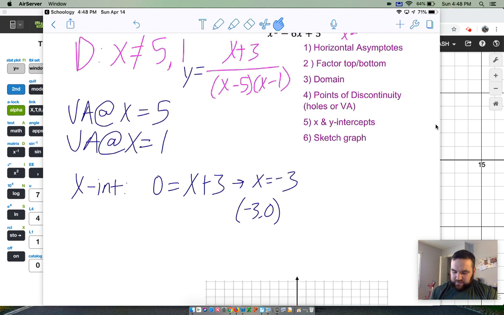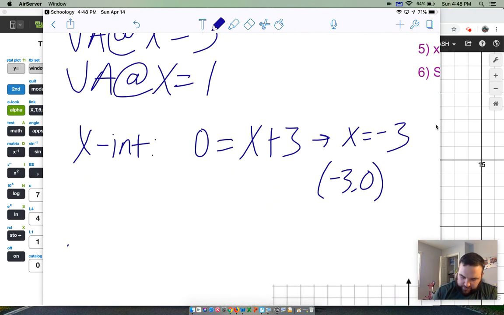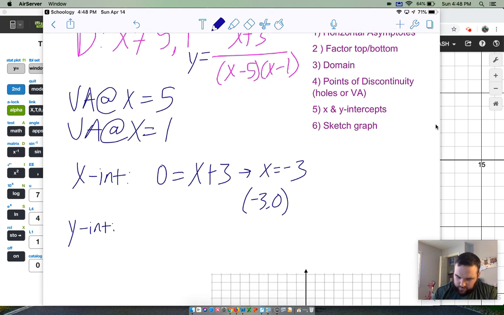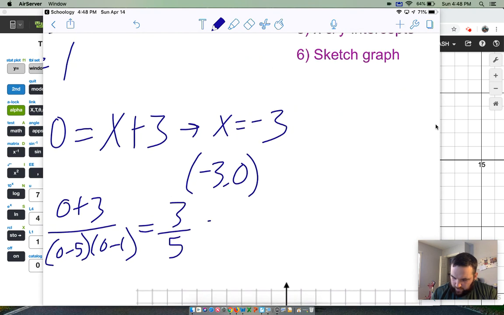So that's my x-intercept. And then for the y-intercept, I'm going to plug in 0 into all the x's. y equals 0 plus 3 over 0 minus 5 times 0 minus 1, which is 3 over 5. So that means my y-intercept is 0, 3/5.